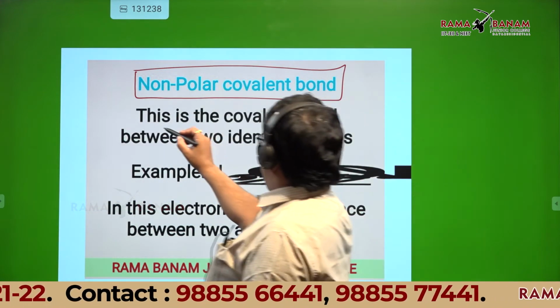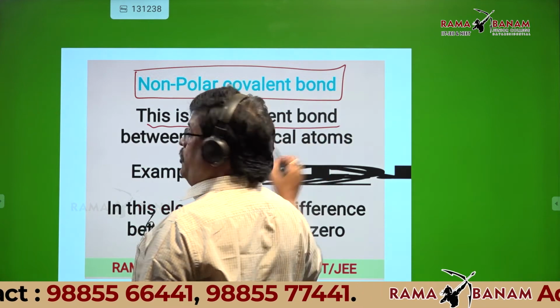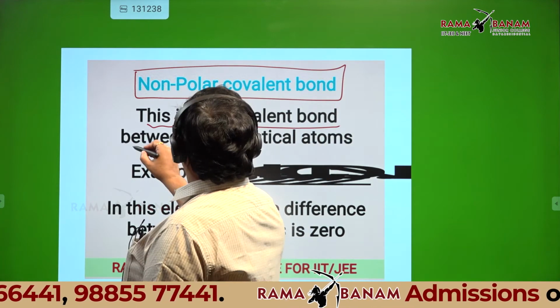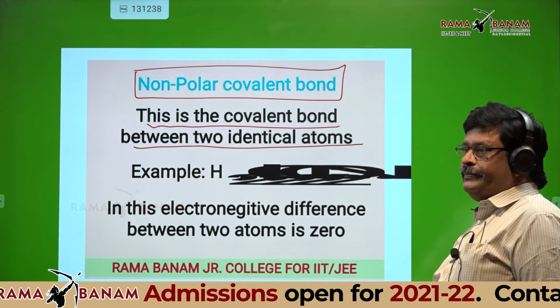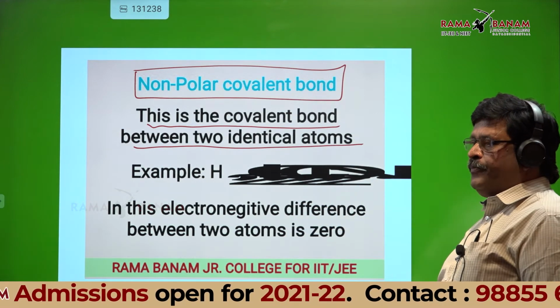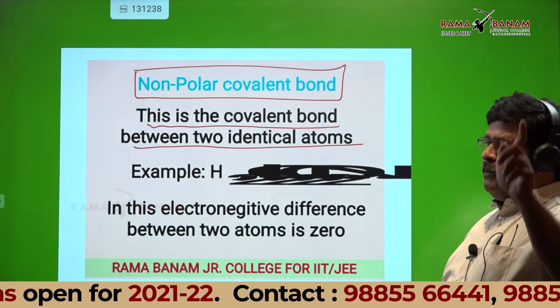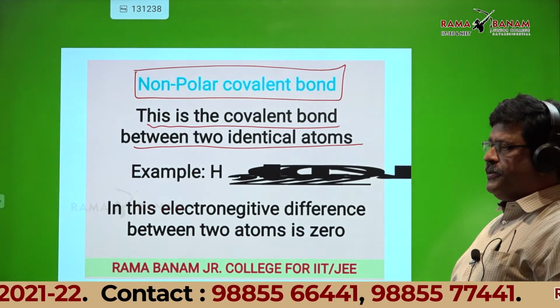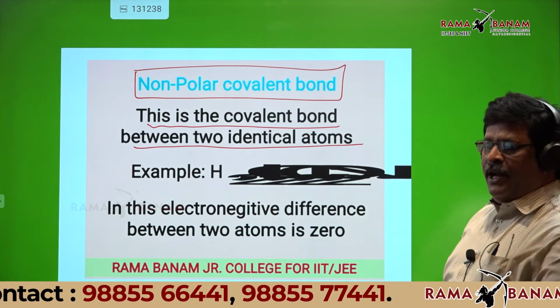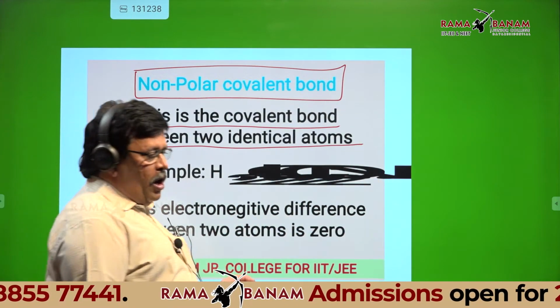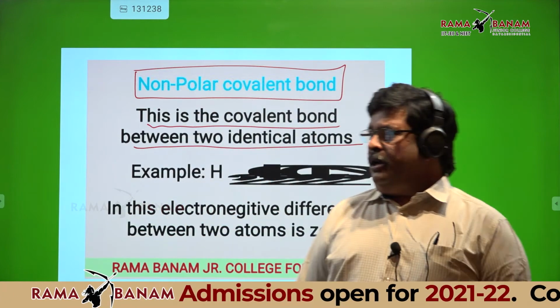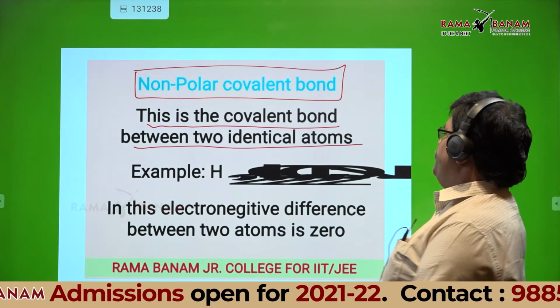Look at the board, students. This is the covalent bond between two identical atoms. Is it okay? Write the definition first. This is a covalent bond formed between two identical atoms.